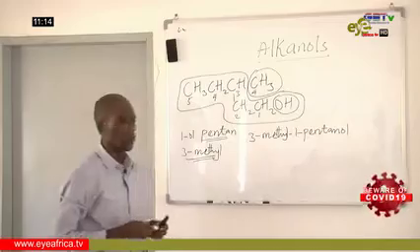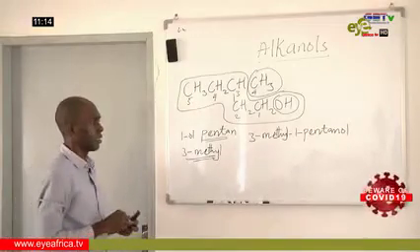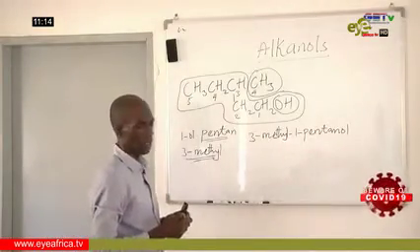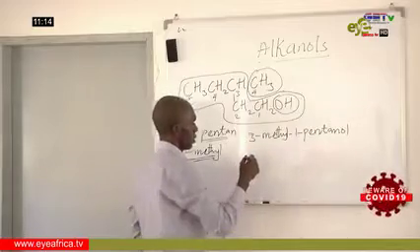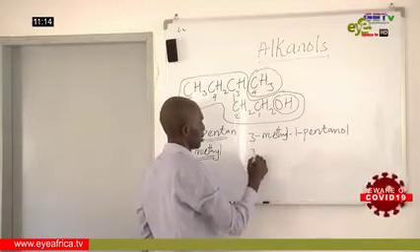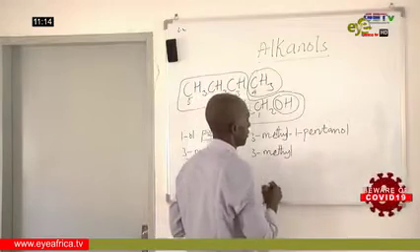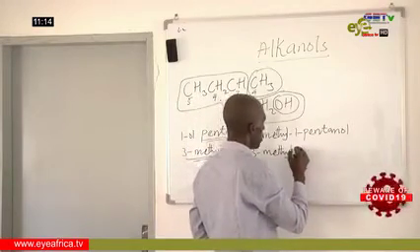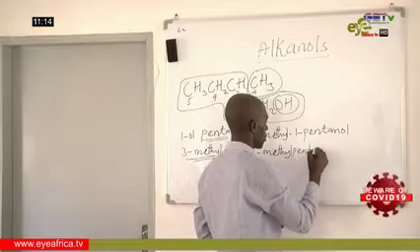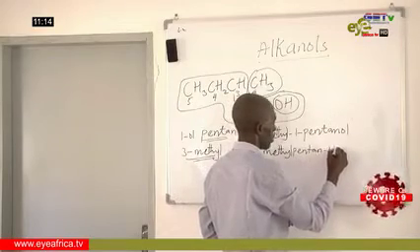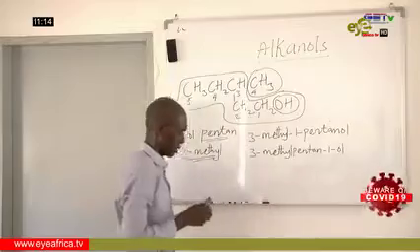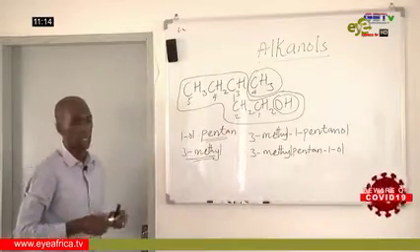So this compound is named as 3-methyl 1-pentanol. We can also name it in another way around. That is, we can write 3-methyl pentan 1-ol. Okay. So either way is accepted.